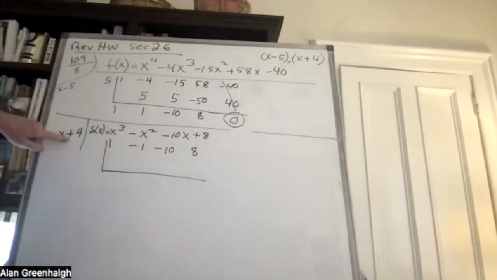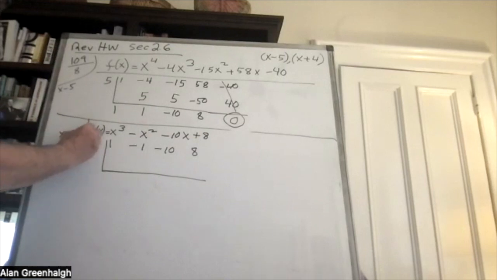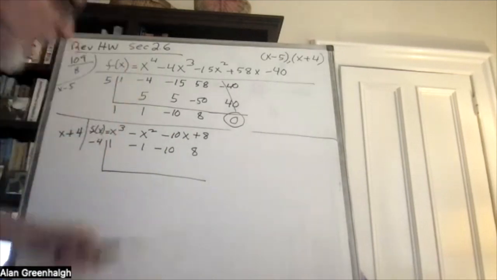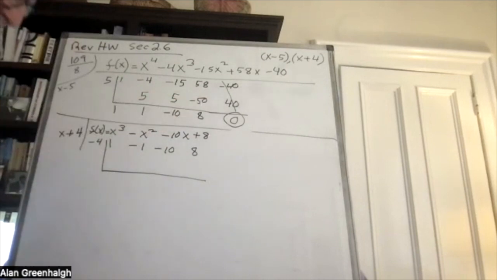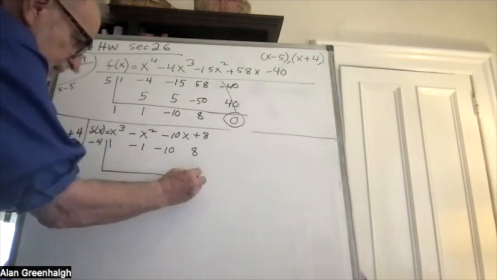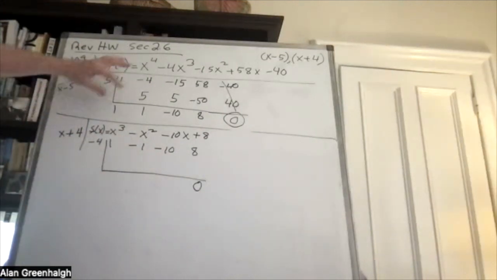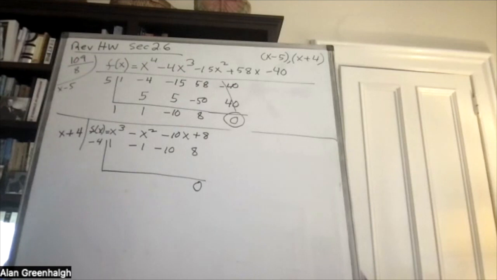You take the opposite of +4, which is -4. Again, since they are telling us that x plus 4 is a factor, we will know that this will also be a 0. That's how synthetic division is used to determine whether a certain binomial is a factor.